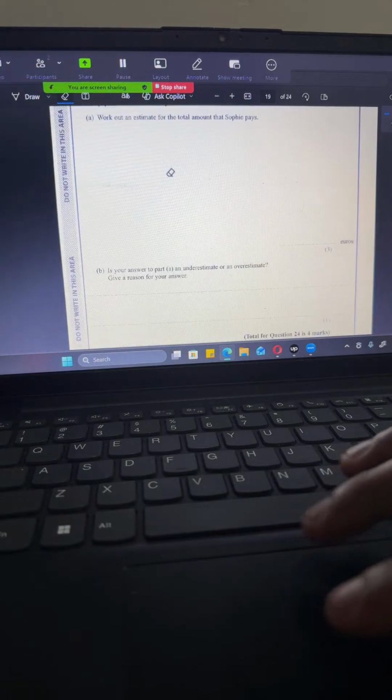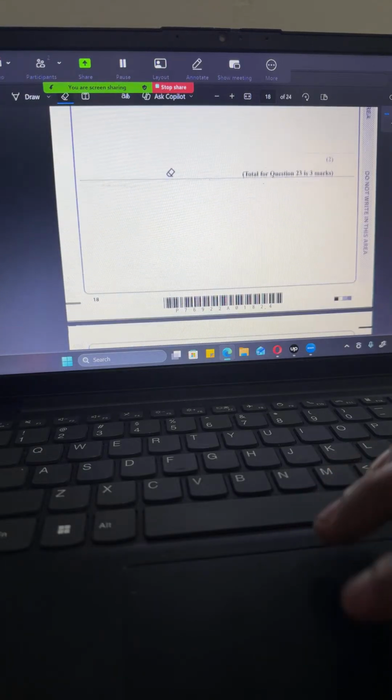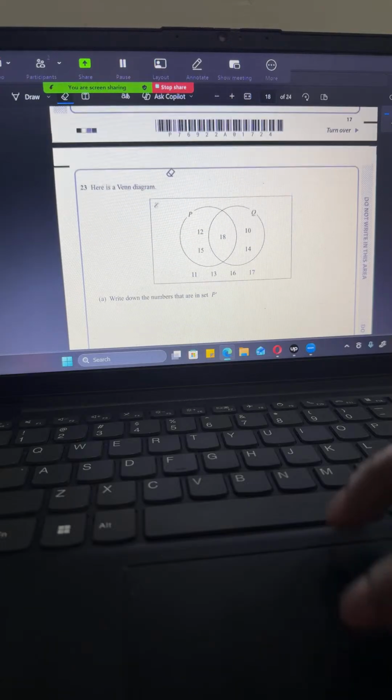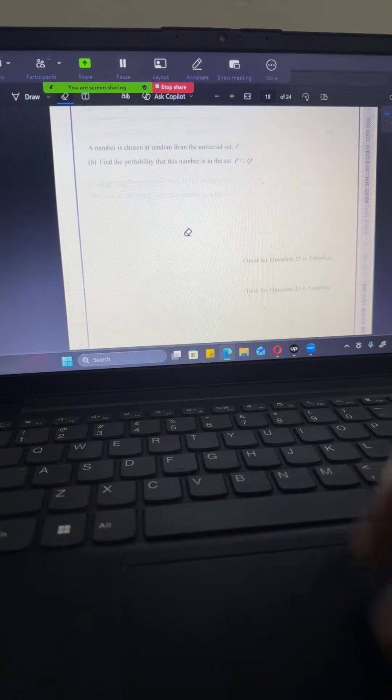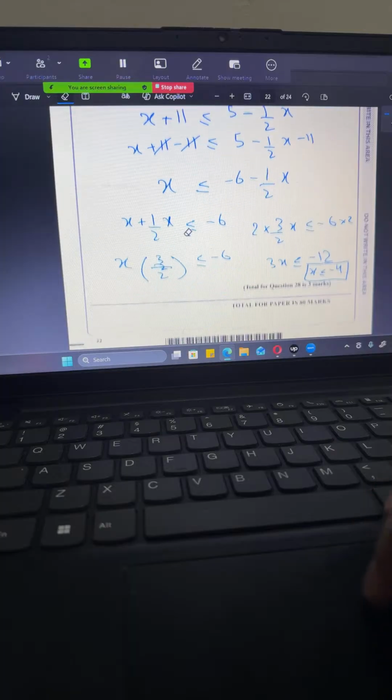I will send you a practice sheet to practice that. We also need to work on the Venn diagram as well. Was that the last question? Yes, that was the last question.